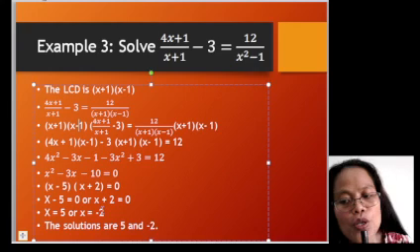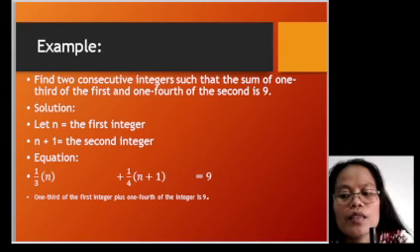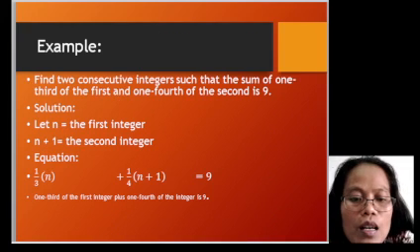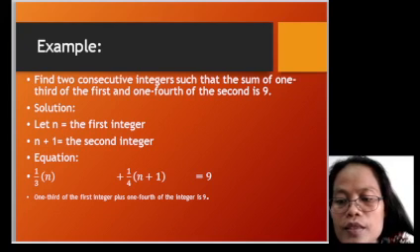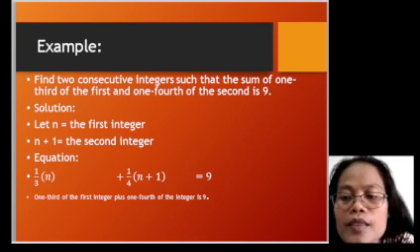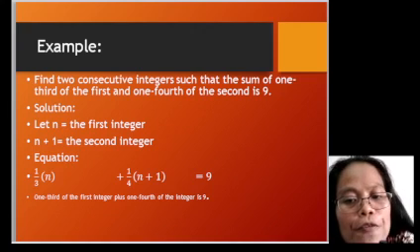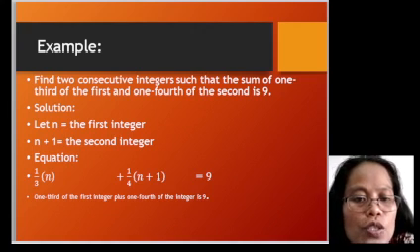We're going to check our equation. We have here a real-life situation, and this is a word problem. Find two consecutive integers such that the sum of 1/3 of the first and 1/4 of the second is 9.